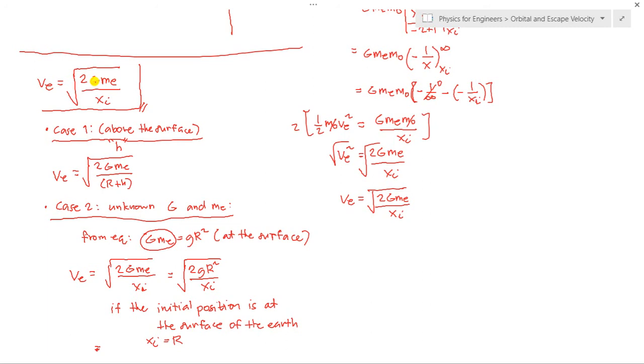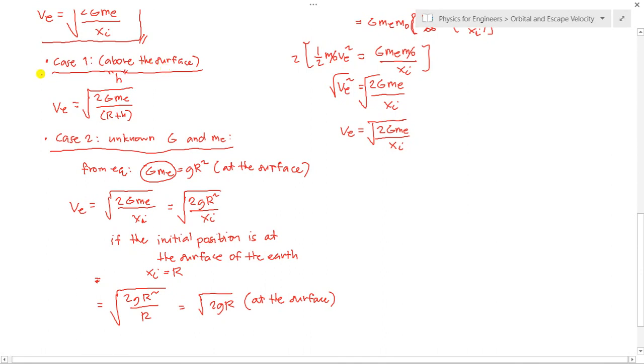And then, sir, how about if it is not at the surface? What formula do we use? What is the alternative? You can also relate that as g equals G M_E divided by x squared. So again, the value of g varies depending on the location. At a certain location x, that is the acceleration due to gravity.